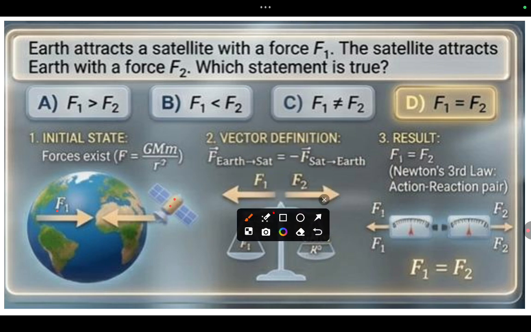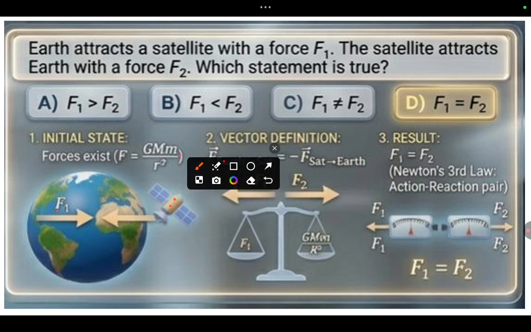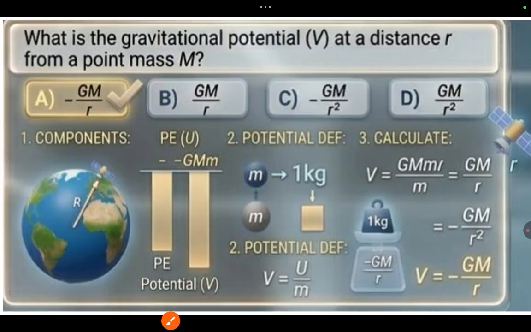The force exerted by the satellite is GMm by r square, and in a similar way the force exerted by the earth on the satellite is GMm by r square. Both are the same, that is F1 equal to F2.